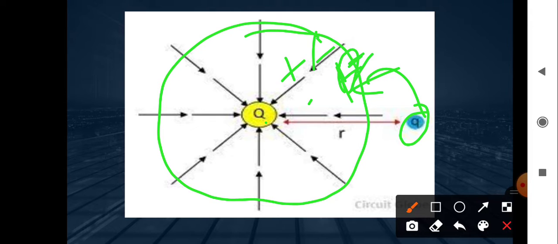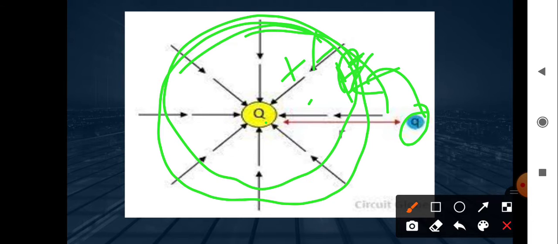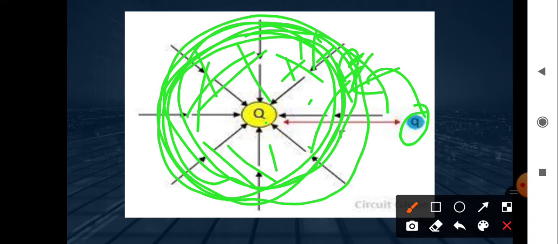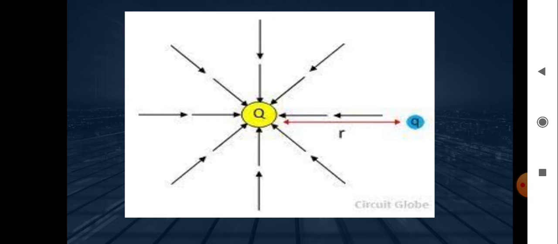So such a field is called what? Electric field, the field around the charge. That region or space is called an electric field, and this line of force is called electric field lines.